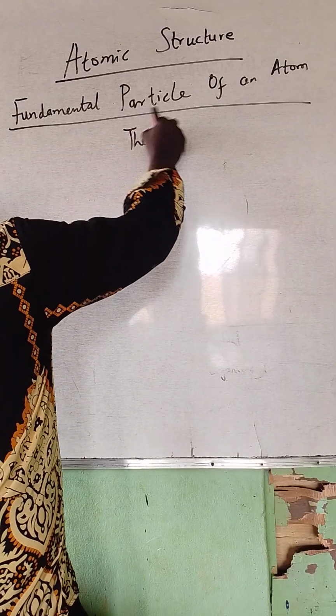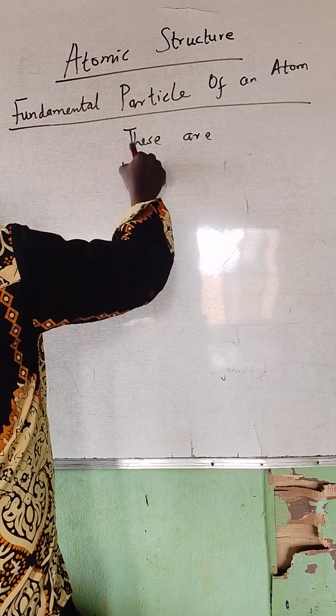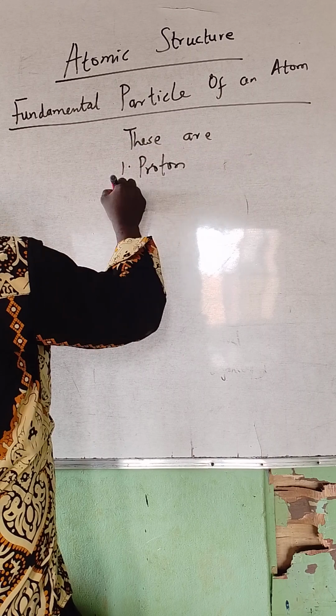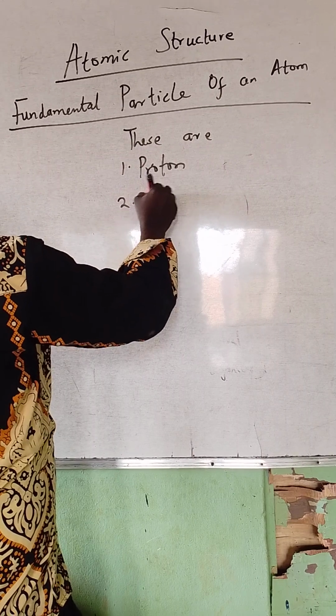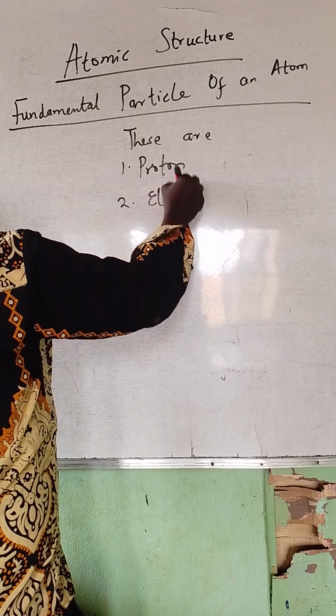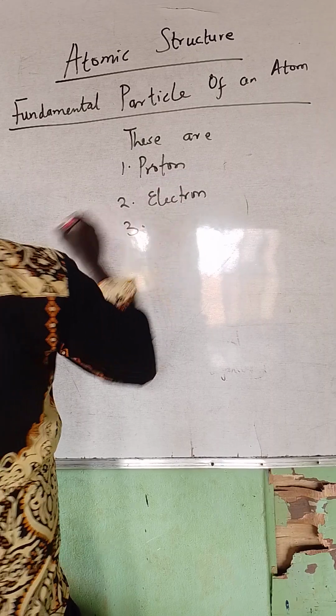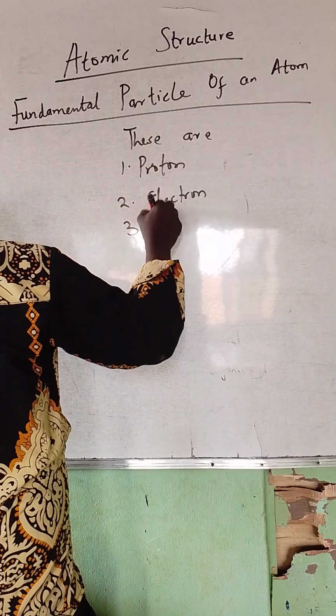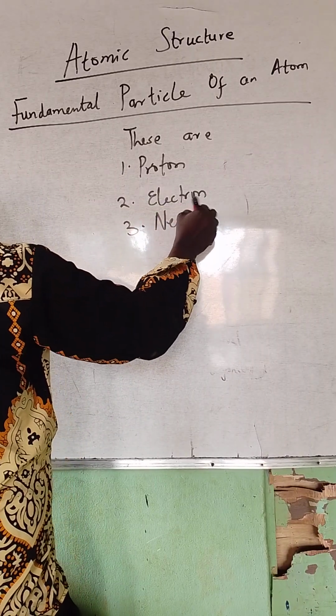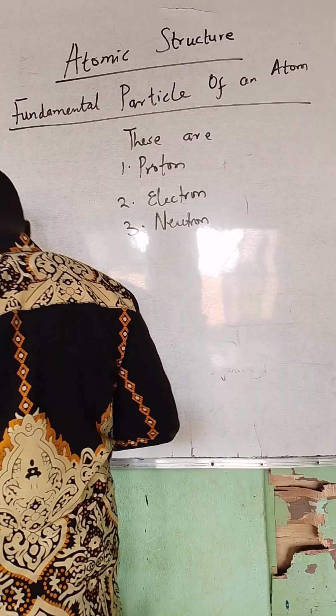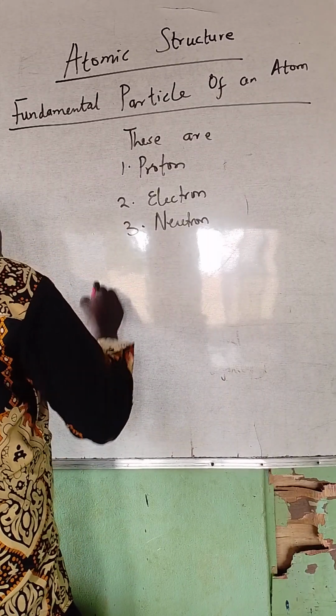So this, you have number one, proton, number two, you have the electron, then the neutron, then the summary.